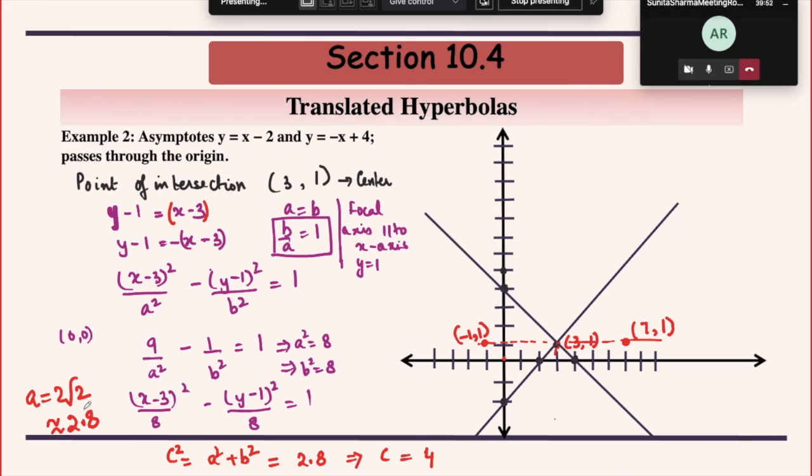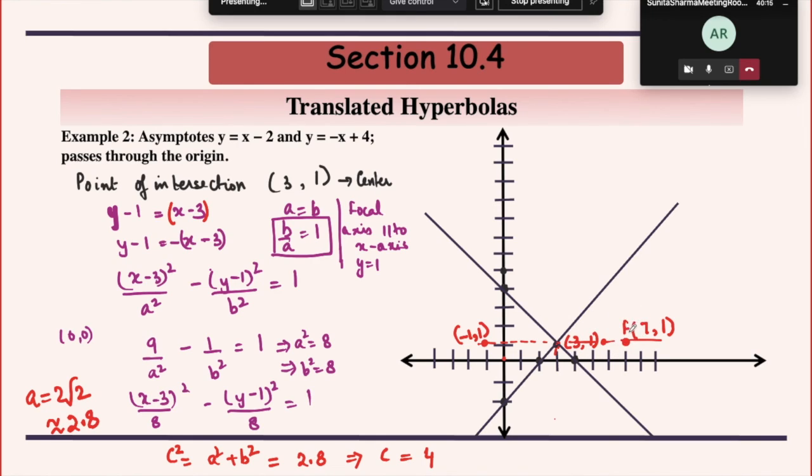Okay, root 2 is 1.414, so you can take 2 root 2 approximately 2.8. So this means your two vertices are placed approximately this much unit to the left and right of your center. Okay, so you have to go 2.8, which is almost 3 units to the right side. So it is somewhere here.